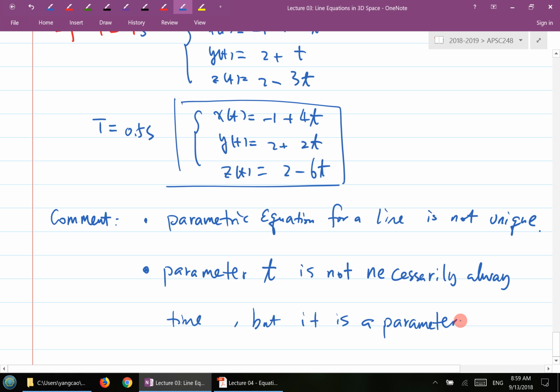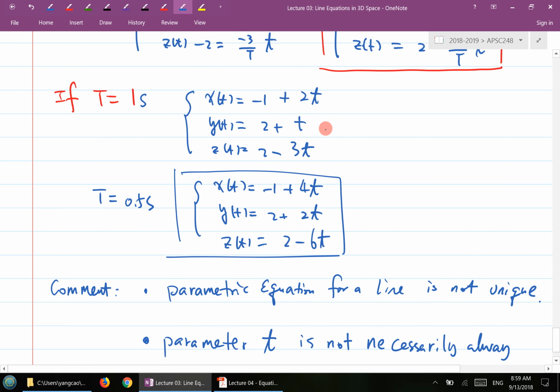Why is the parametric equation for a line not unique? You can explain it to get some idea why. If I think of a line as a trajectory, here's a line already, you've drawn it.